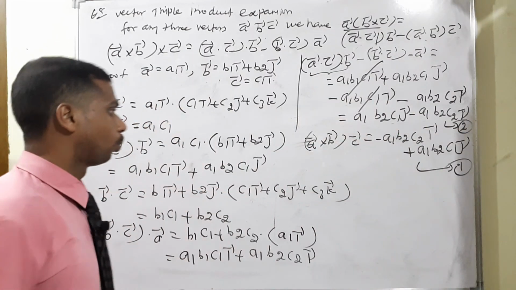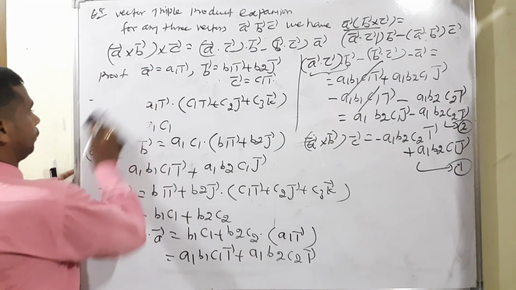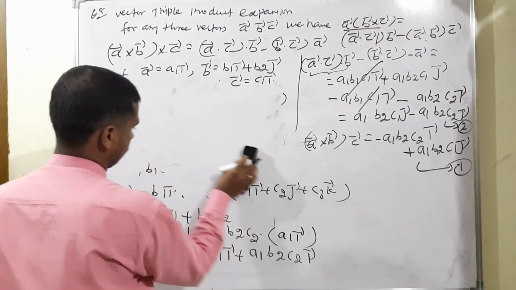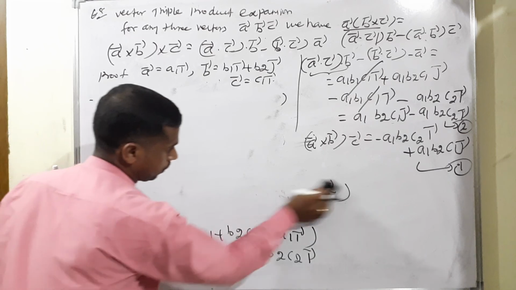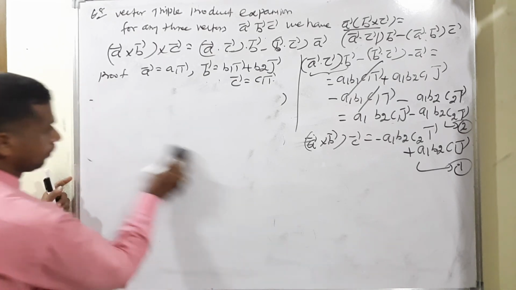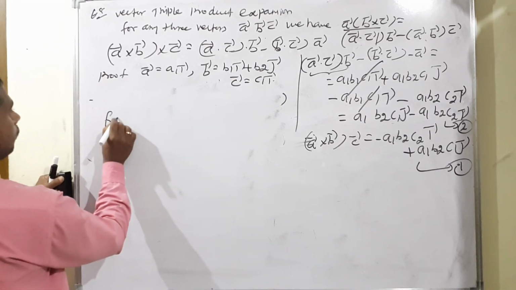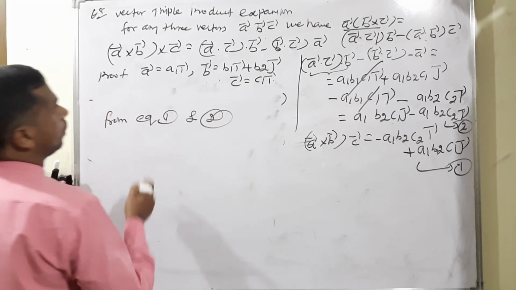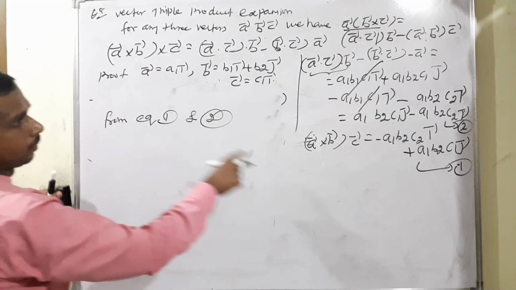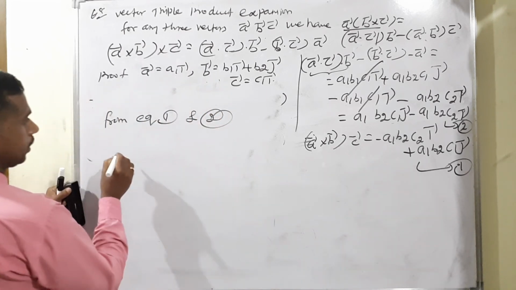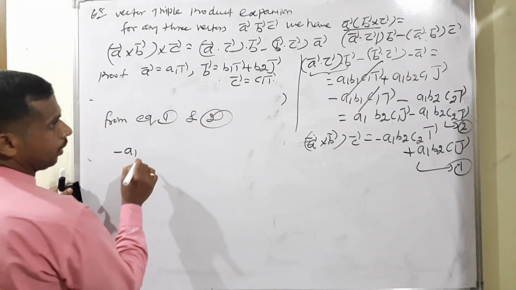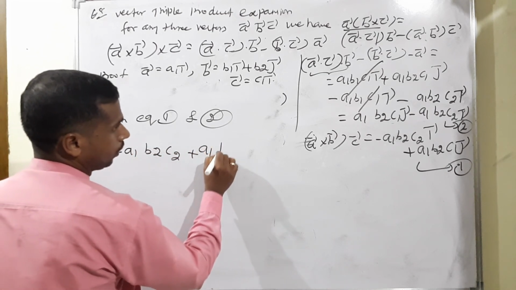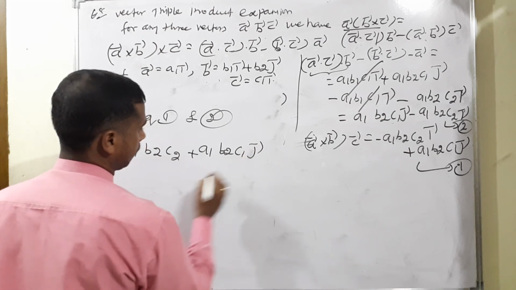Therefore, from equation 1 and 2, A vector cross B vector cross C vector: from 1, what is the value? Minus A1 B2 C2 I plus A1 B2 C1 j.